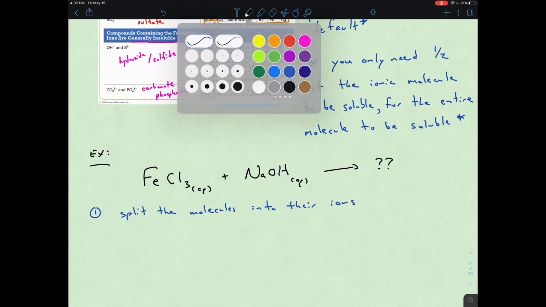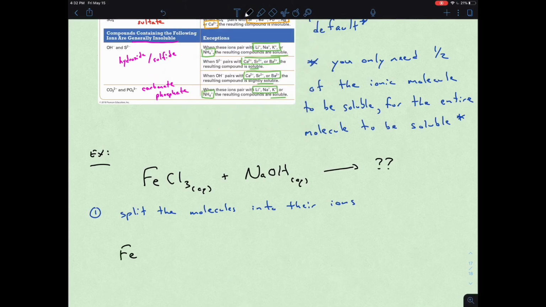So we would have this iron plus 3, plus we would have 3 chlorides. We would then have our sodium in the +1 state, and then our hydroxide in the -1.